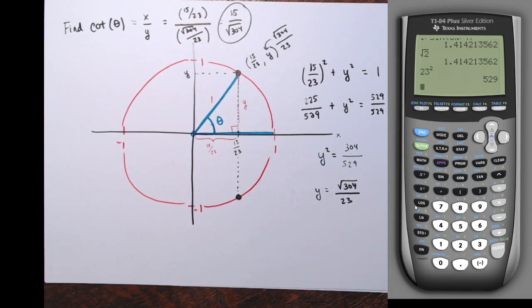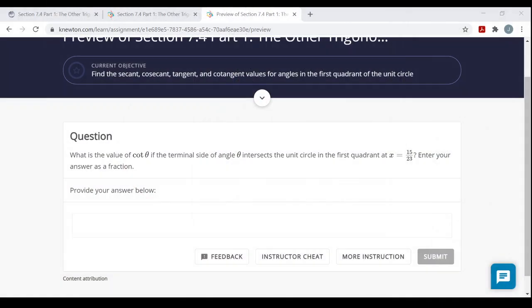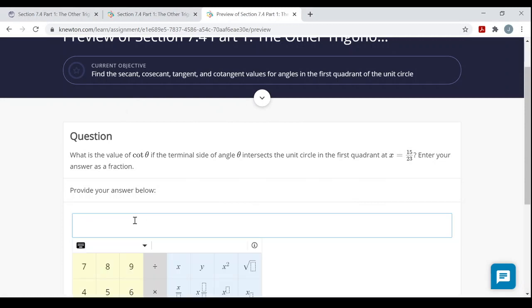Let me just double check if the square root of 304 is actually a nice number. It is not. So I'm going to leave it this way. It just says enter as a fraction. So going back here, let's see what happens.